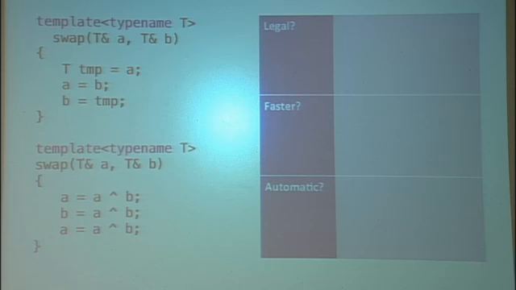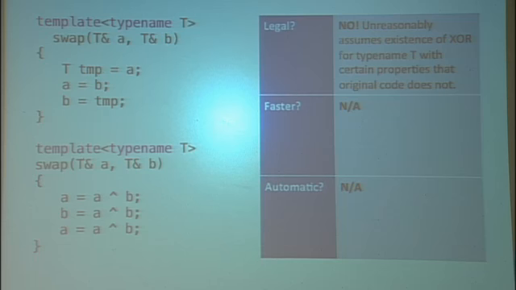Roughly half the class. Well, I and the people grading the quiz will side with the people who say no, because down here, this is the correct version of the XOR swap. I'm not trying to trick anyone there.